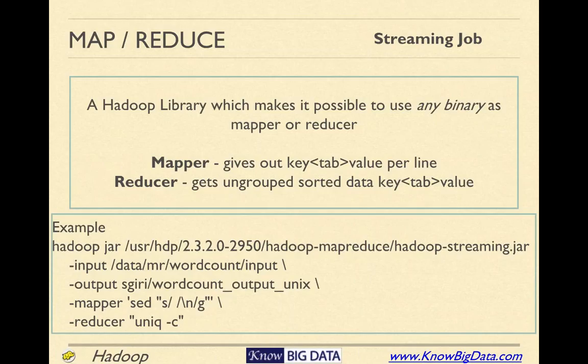Imagine that you have a legacy code and you need to get that legacy code executed, and this legacy code will convert the input data into key value pairs. Now in MapReduce we cannot afford to convert this legacy code into Java. Right?